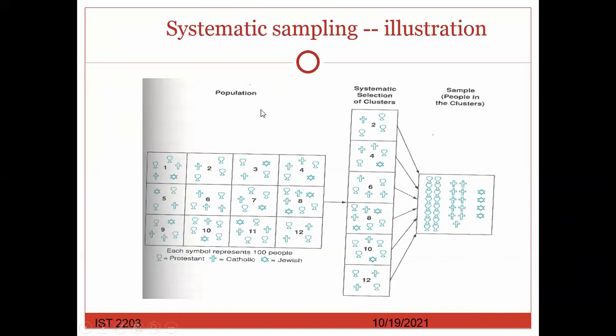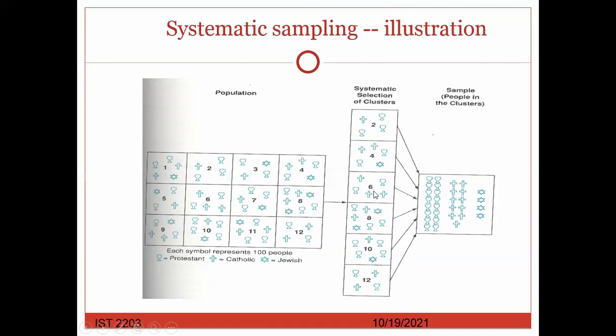Systematic sampling. They say just choosing every second cluster. You choose the second, you choose the fourth, you choose the sixth, you choose the eighth, and you have your systematic selection of clusters. Then from these clusters, you'll see the overall sample of the people. So you're trying to get a mix of the entire population, their faiths.